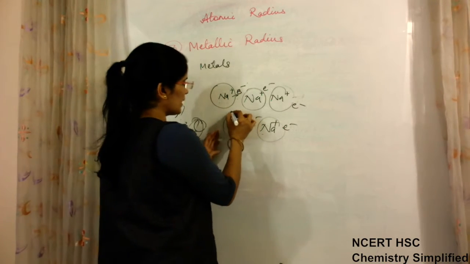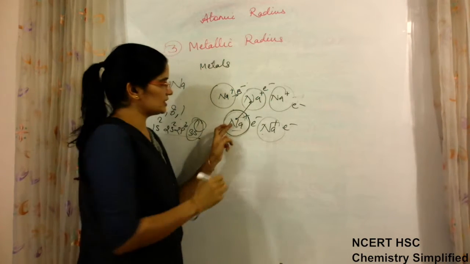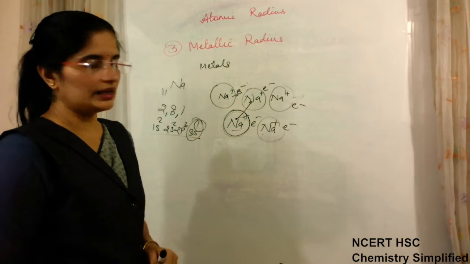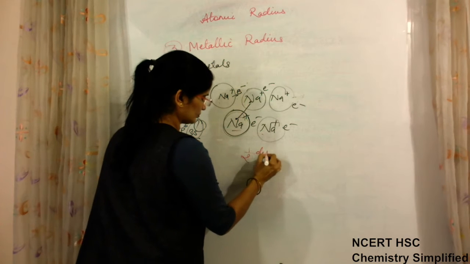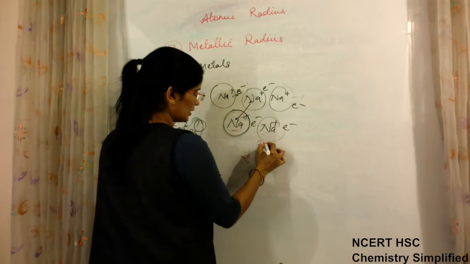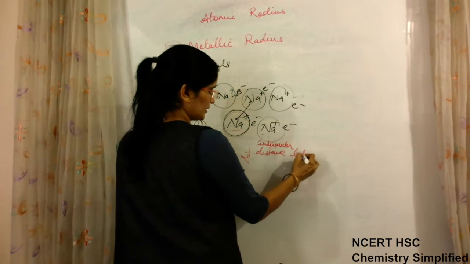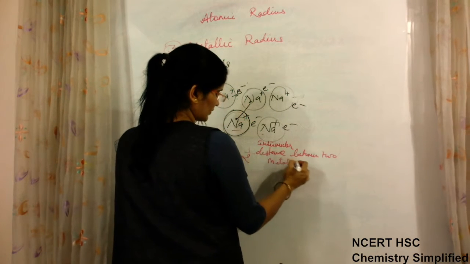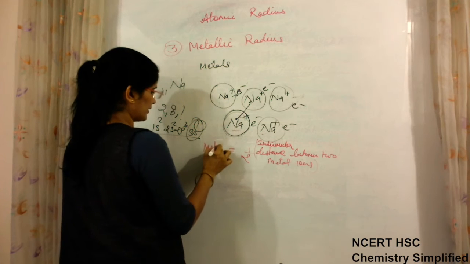So when these metal ions are present in the metal element, then half the distance, or you can say half the internuclear distance between two metal ions, will give the metallic radius.